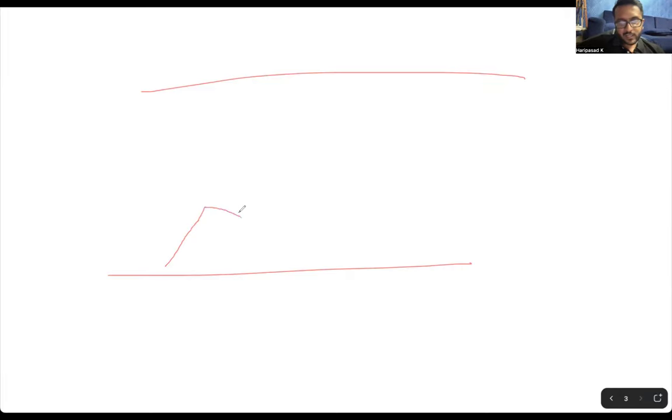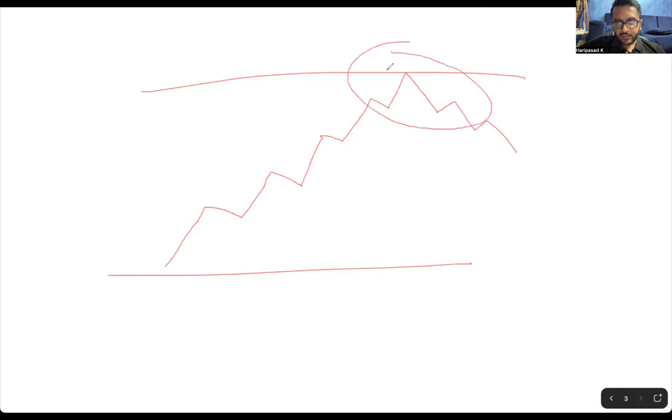The price will pick up till here and find a resistance over here. After finding a resistance over here, it'll touch this, it'll face a rejection, and it'll drop down. This is what we refer to as a reversal.